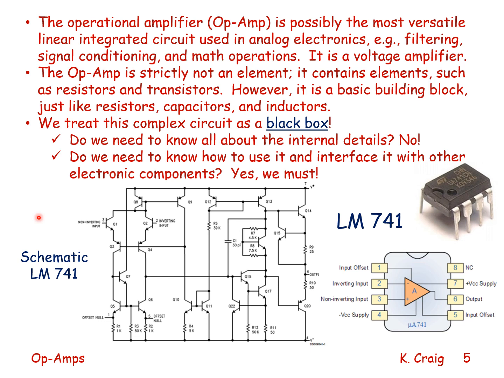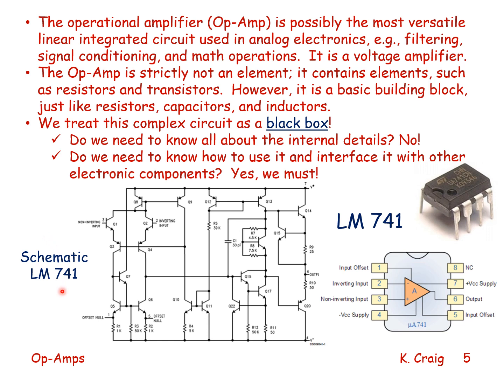The operational amplifier is possibly the most versatile linear integrated circuit used in analog electronics, for example, for filtering, signal conditioning, and math operations. It is a voltage amplifier. The op-amp is strictly not an element. It contains elements such as resistors and transistors.